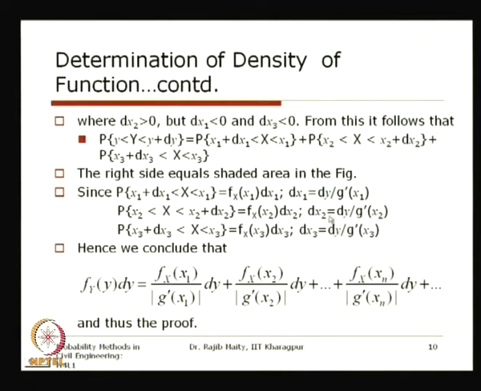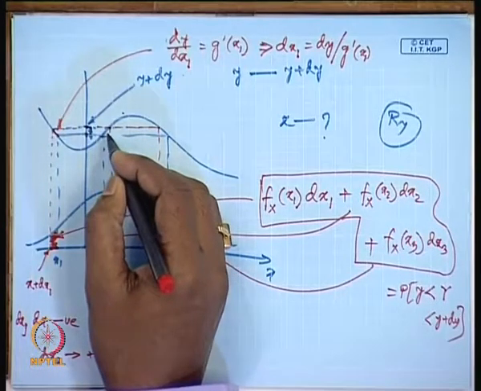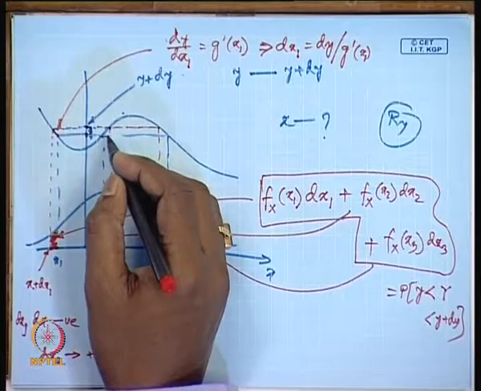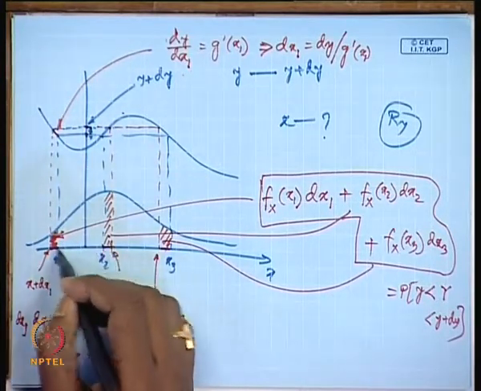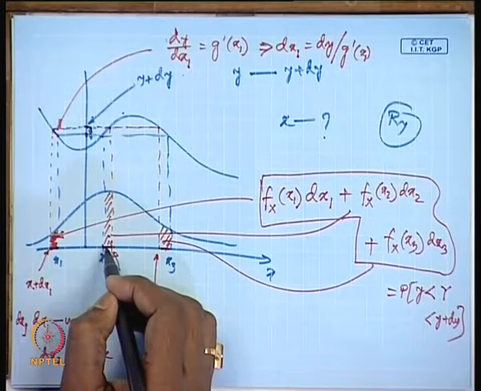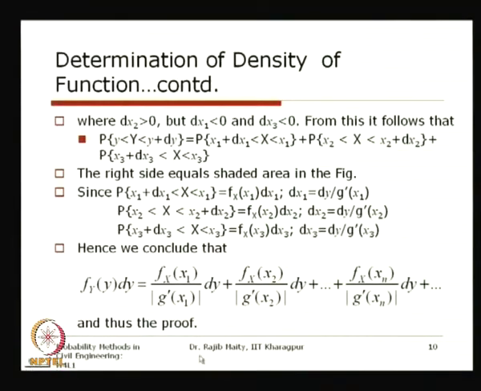Now you see that when we are talking about this g prime x1, whether it is going from this direction to that direction or the other way does not matter, as long as we want to know the total area. So we can take the mod, just to avoid anything on the negative side.